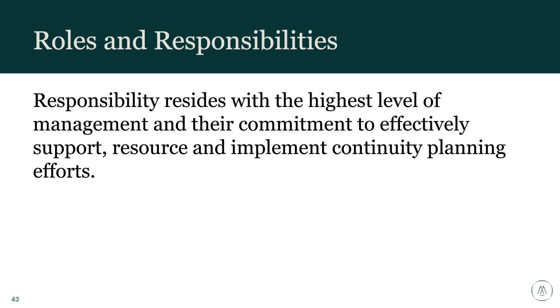A very important note when testing continuity is to always assign a historian or a record keeper to identify what happened so that we can learn from our experiences. We've seen lots of folks go through a testing process, and then without a record keeper, we're all just relying on our memory and maybe not getting to the most effective way to really capture our lessons learned.